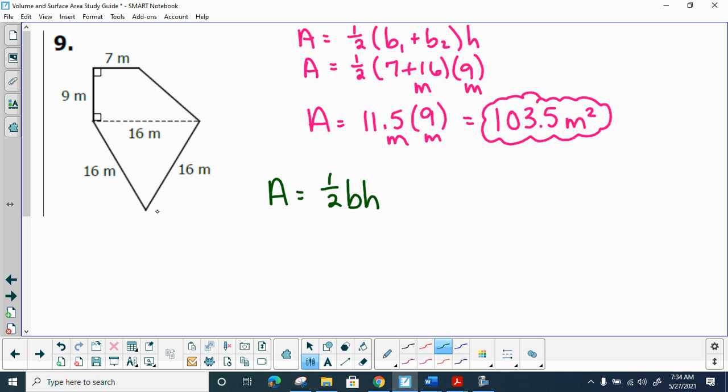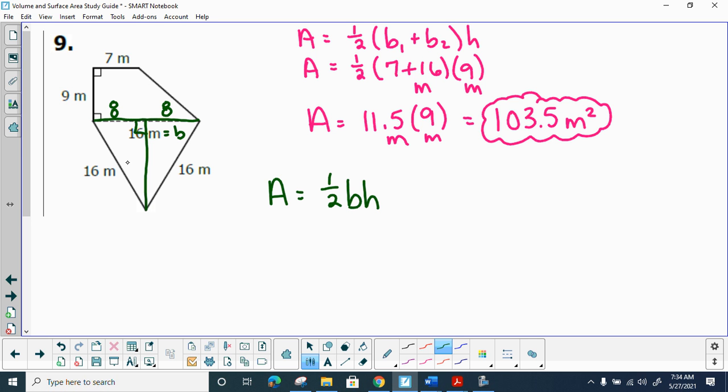So what I can do, I'll just choose one of these to be the base. Doesn't really matter which one because they're all the same. So let's just make the 16 the base. We need to know a perpendicular height. So let's just cut this triangle in half here. So we'll cut the 16 in half. That would be 8 on each side.